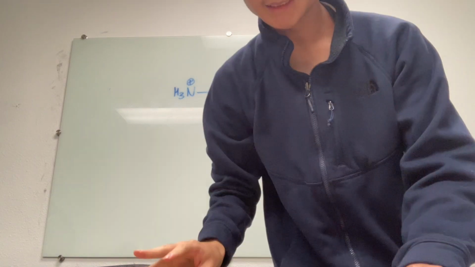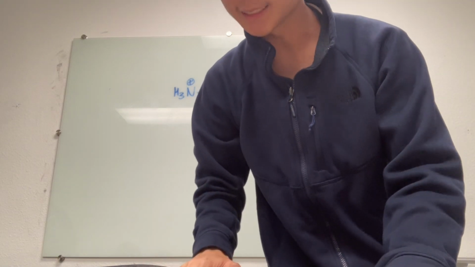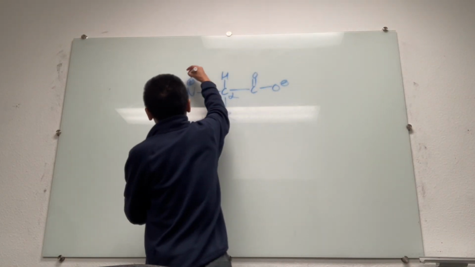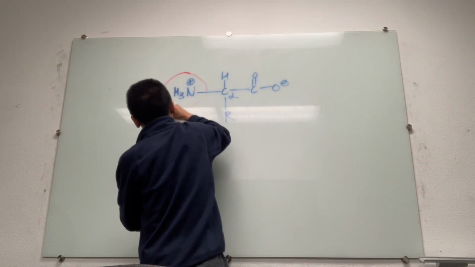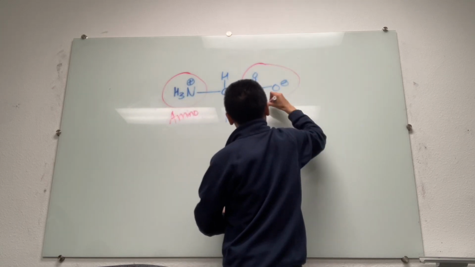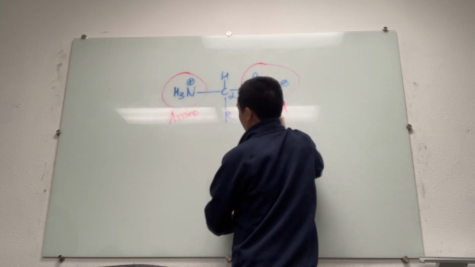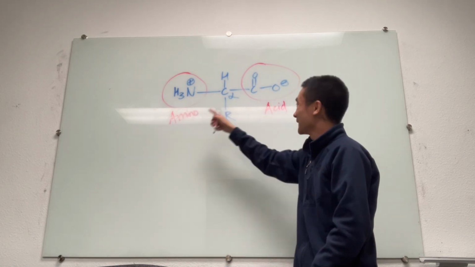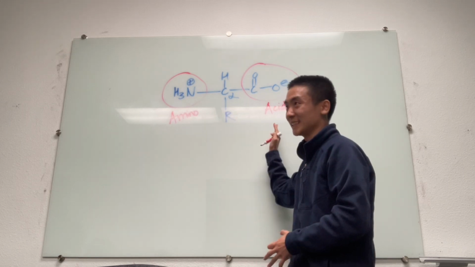There are three components of the amino acid that will always stay the same for all amino acids: the amino group and the acid group. That's why we call this an amino acid, because it combines the amino and carboxylic acid groups.